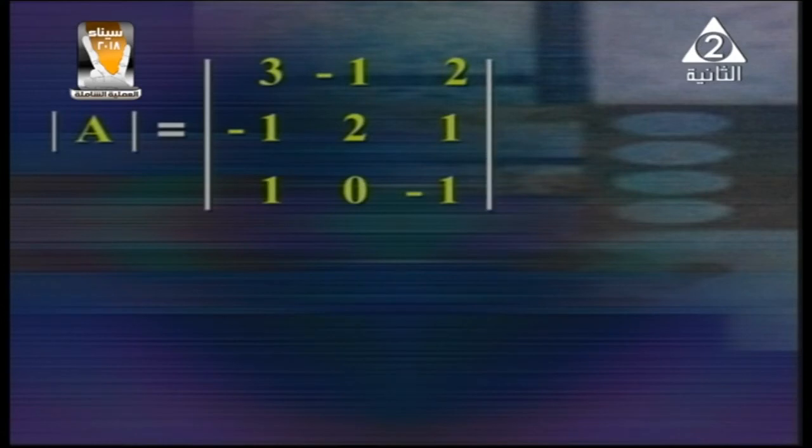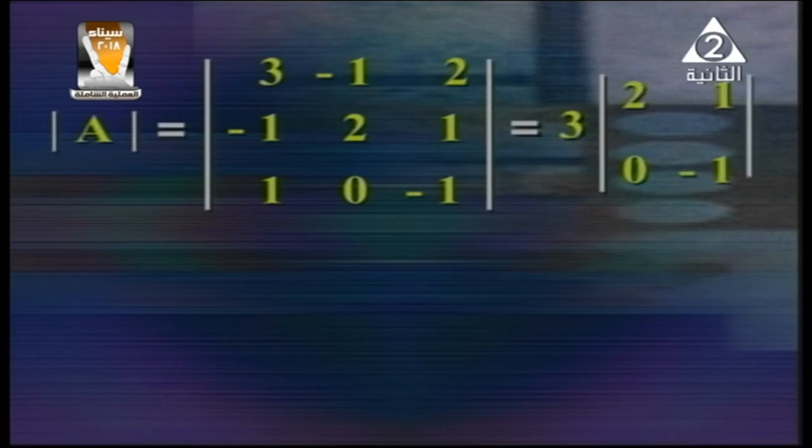Look at the determinant of A. We put all elements of the matrix inside the 3 times 3 determinant: 3, -1, 2; -1, 2, 1; 1, 0, -1. This method is called the first row method.